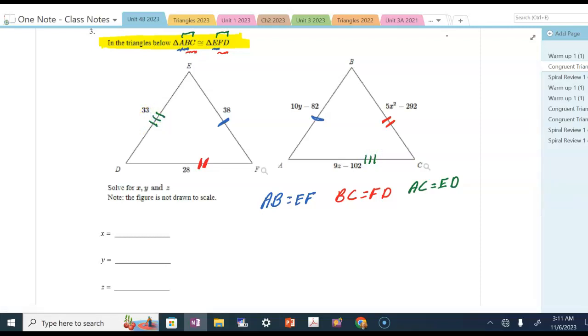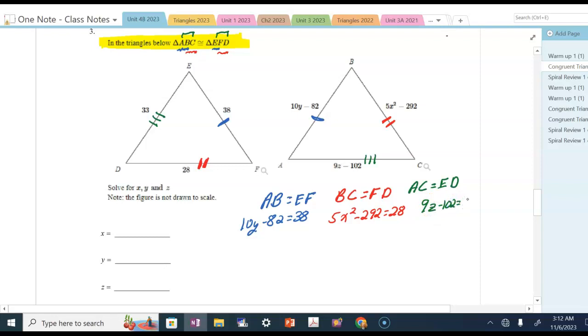So then when I go to write my equations, I can say 10y minus 82 is 38. I can set the 2 red pieces equal. So 5x squared minus 292 is 28. And then 9z minus 102 is 33.